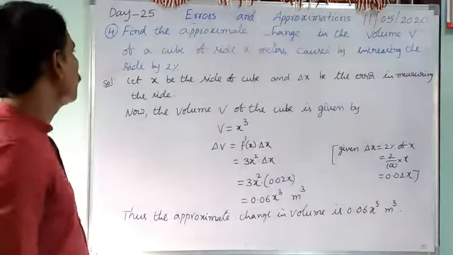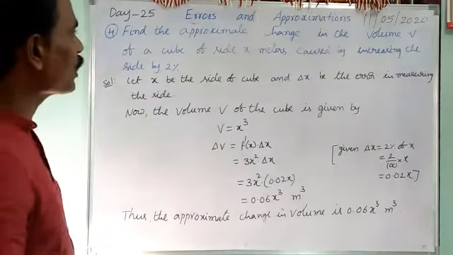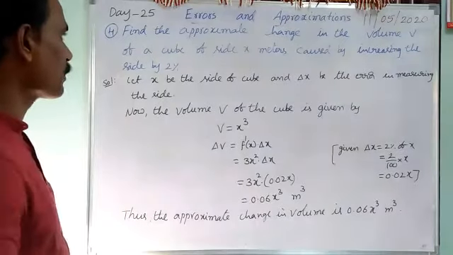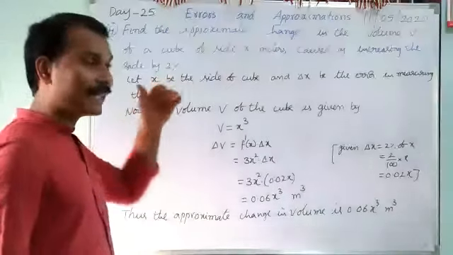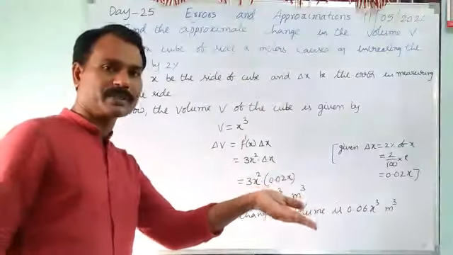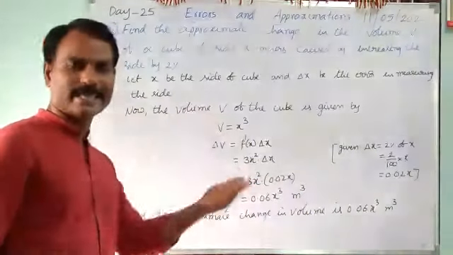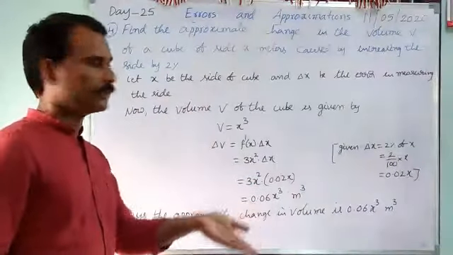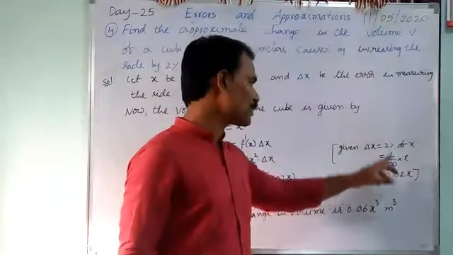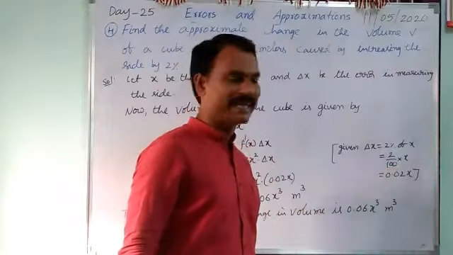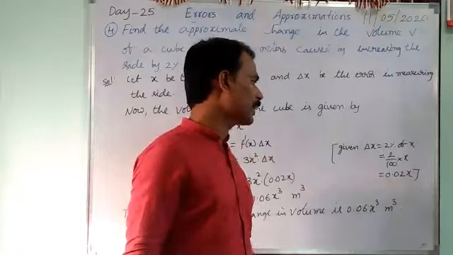Next one, guys. Find the approximate change in the volume V of a cube of side x meters caused by increasing the side by 2%. Increasing the side by 2% means the side is x into 2%. So delta x is equal to 2% of x. 2% of x means 2 by 100 into x, that is 0.02x.